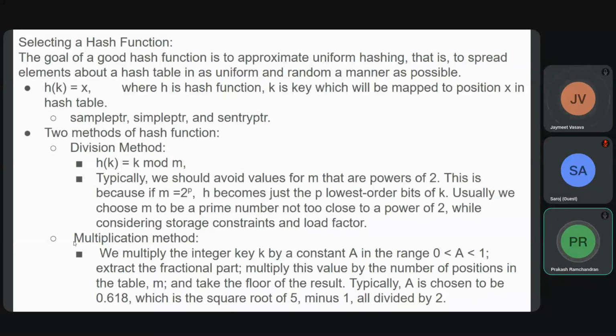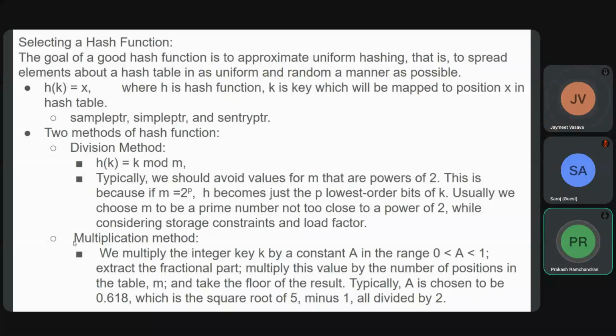So when you say h of k equals m of k mod 1, and you already have defined a as 0.618, what you are doing is taking the key, whatever the key is, 1, 2, 3, 4, let's say. If you have 4500 elements, then the key will go up to 4500.